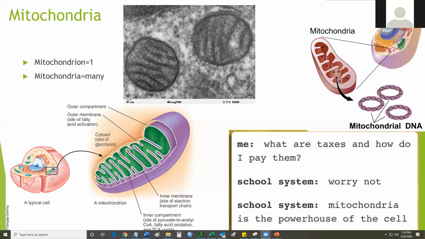But if you have the same mother, you have to share the same mitochondrial DNA. The only way that you can get mitochondrial DNA is through maternal inheritance.